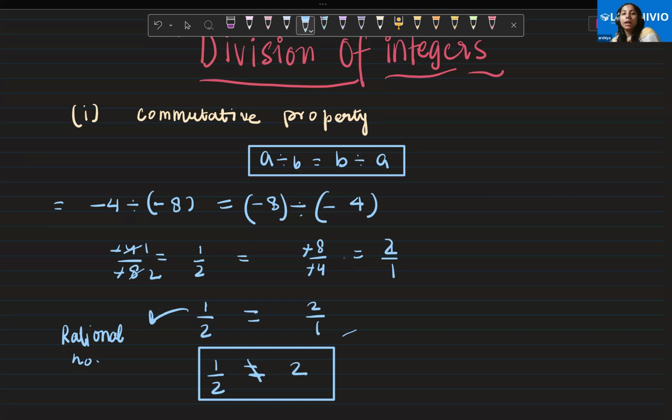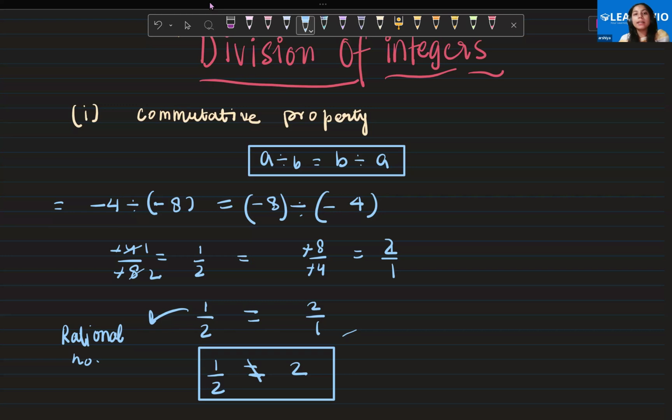Okay, till then you guys try for the associative property. Oh, wait, 1 second. Okay, wait, there is no associative, they haven't given the associative property. Done, ma'am. Only this.